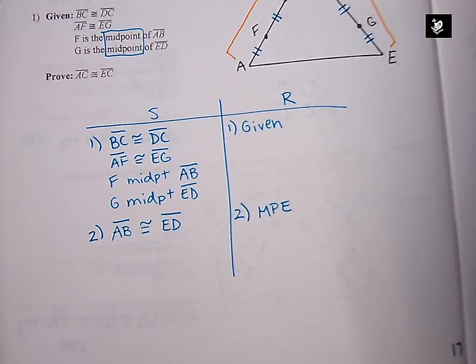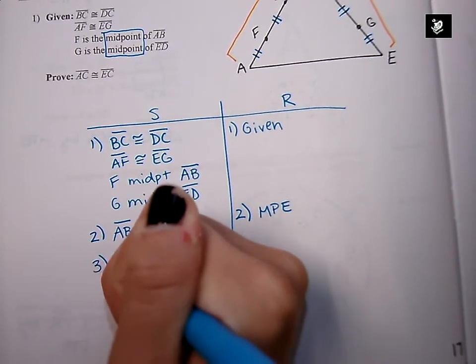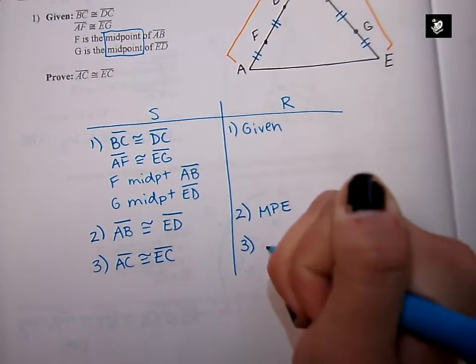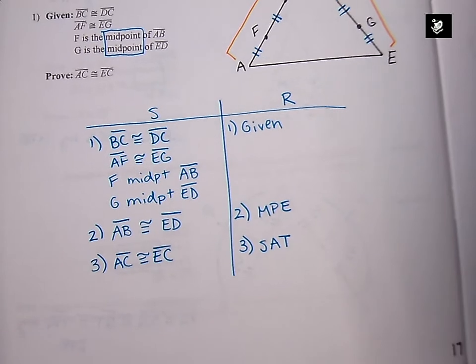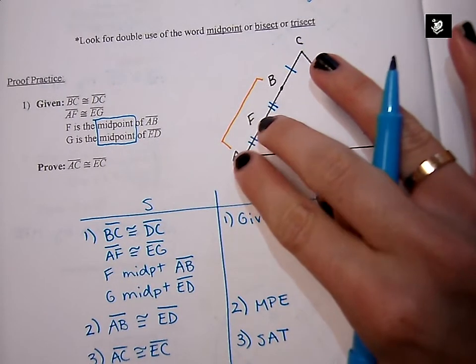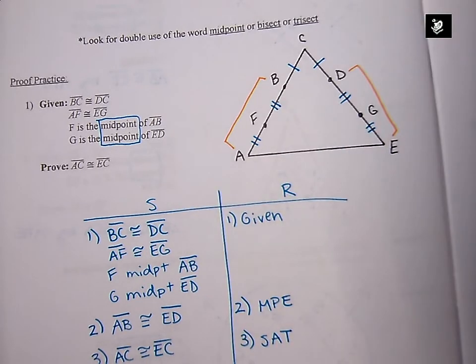So therefore, I can say that AC is congruent to EC because of my SAT, segment addition theorem. And that's it. So now I was able to prove the smaller pieces, and then use the smaller pieces and MPE to get that the larger pieces are congruent.